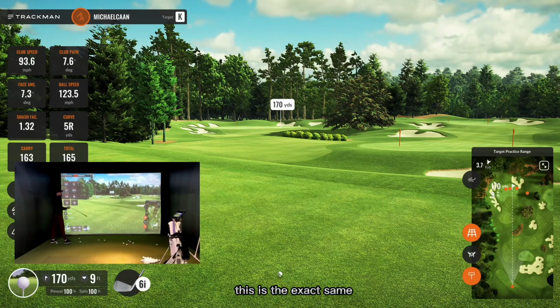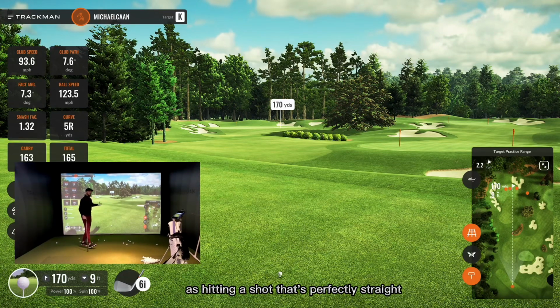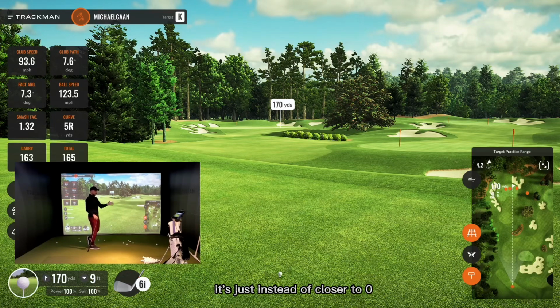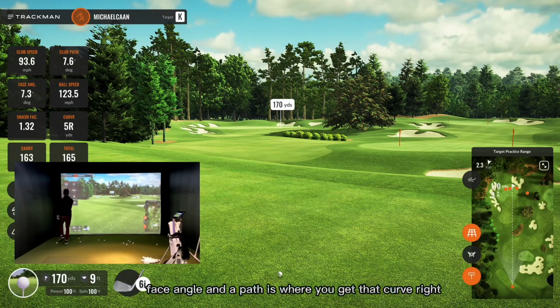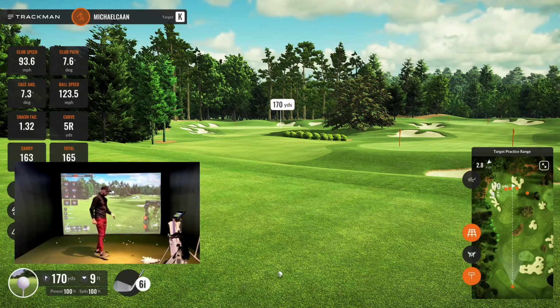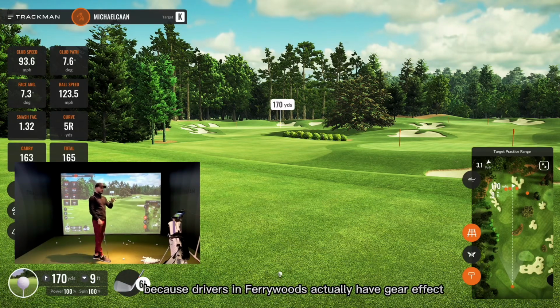This is the exact same as hitting a shot that's perfectly straight. It's just, instead of closer to 0, they're both closer to 7 to the right. That difference in these two numbers, face angle and club path, is where you get that curve, right? If those numbers are very similar, it's never gonna curve that much. Now, this only applies with irons because drivers and fairway woods actually have gear effect.